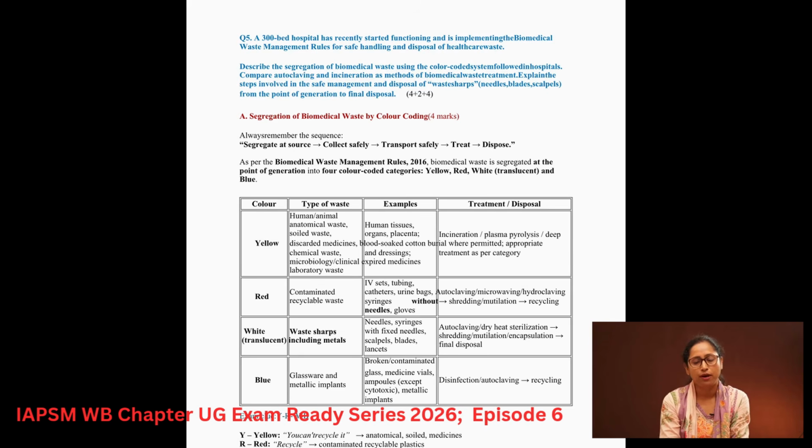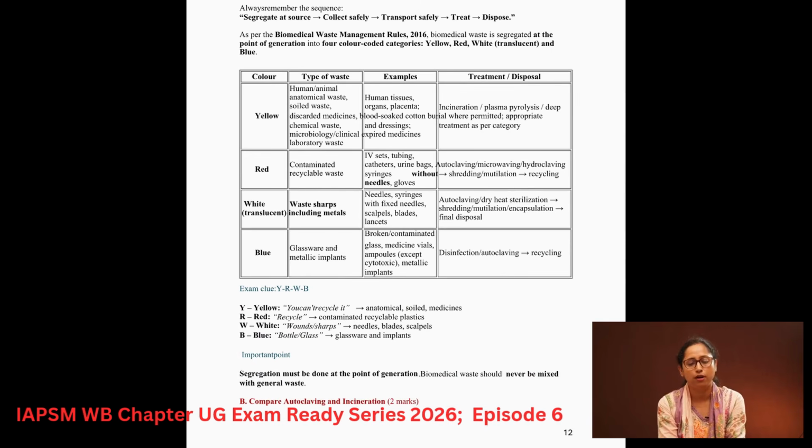For remembering these clues, you can remember yellow, red, blue and white. YRWB. Why is yellow? You can't recycle it, right? That is a clue. What would be those things? Anatomical, soiled and medicines. R for red, you recycle, red recycle, okay. Contaminated recyclable plastics will be there.